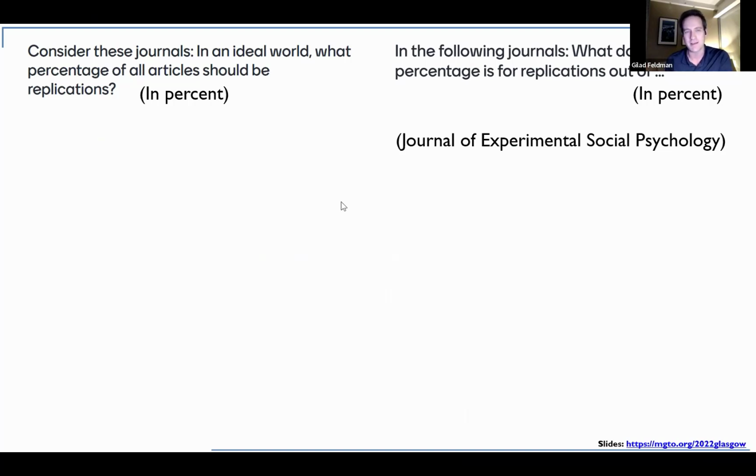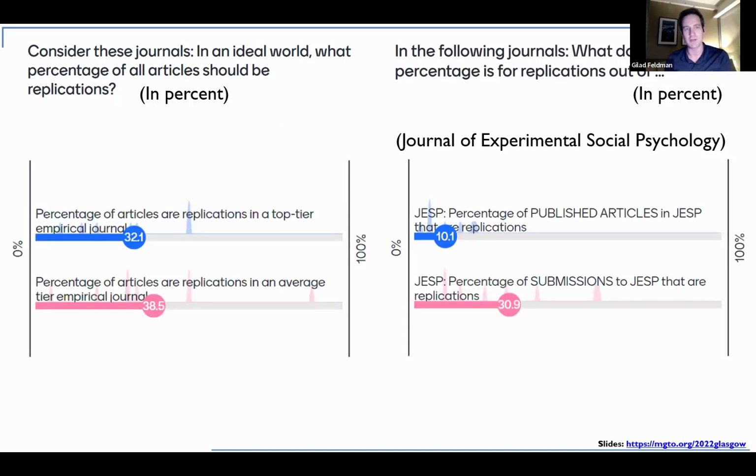And let's say that we take the Journal of Experimental Social Psychology, which is kind of my field, and is considered, although it's a for-profit publisher, to be supportive of open science practices, doing registered reports and disclosures and all of that. What is your expectation for a journal like that, what's the publication ratio for replications? Keep that number in mind, and I'll show you what the results were from that workshop.